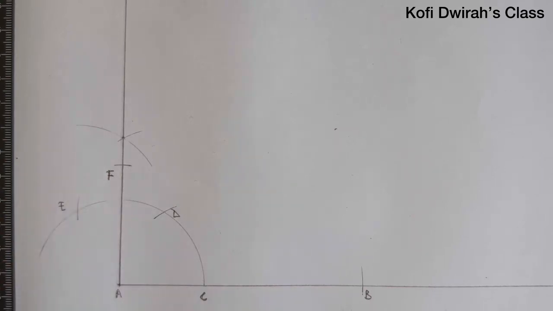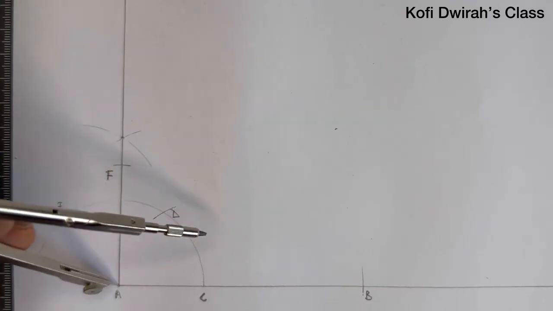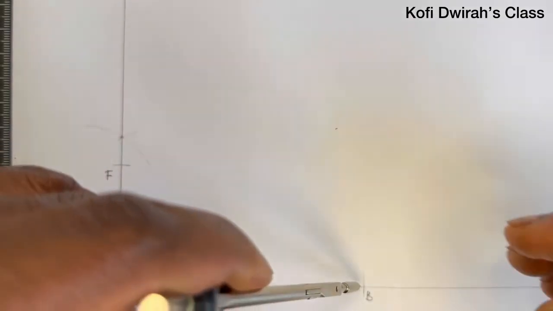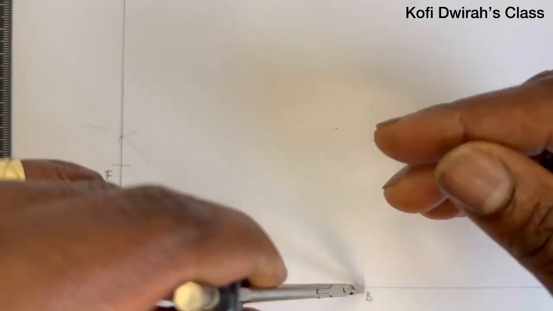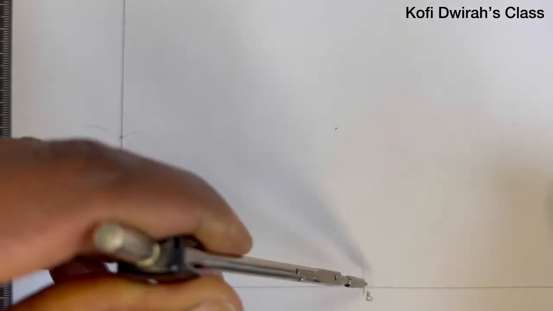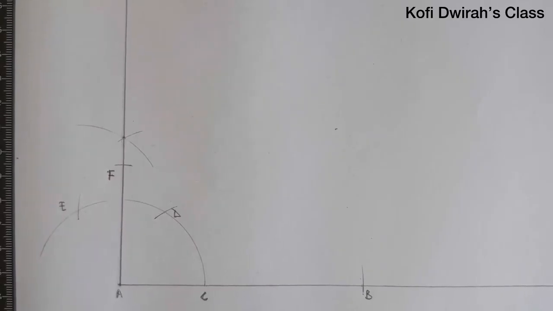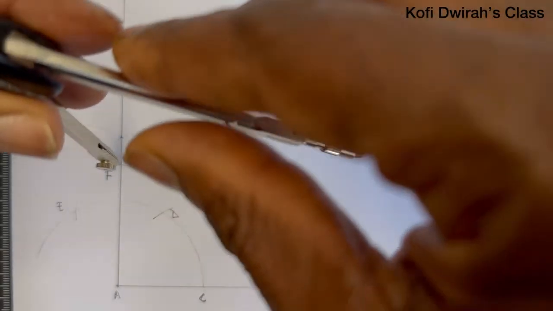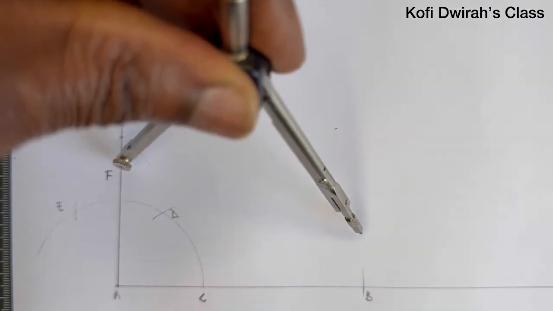Now after getting this point, measure AB, which is 100 millimeters or 10 centimeters. Then at point F, you draw an arc.